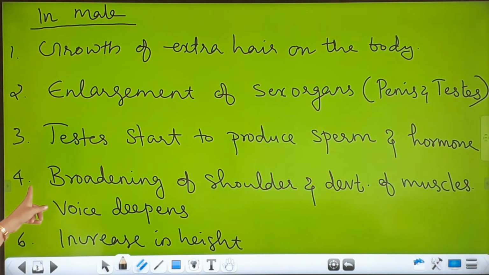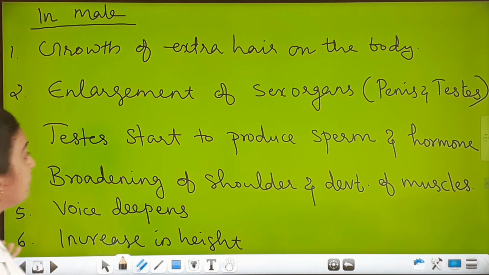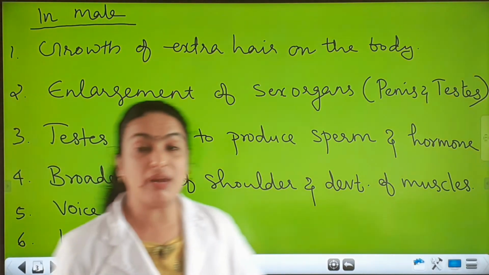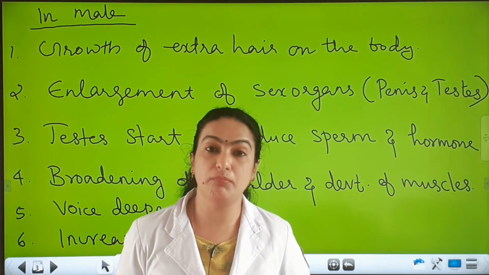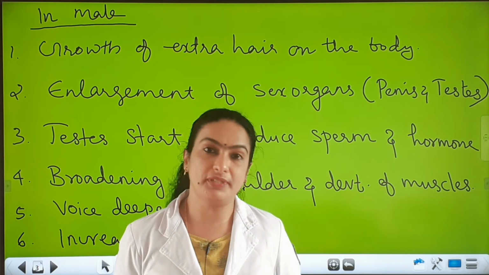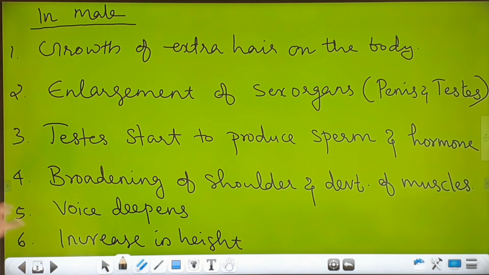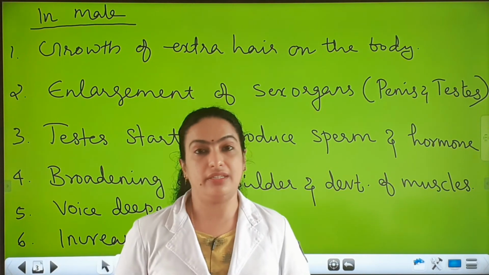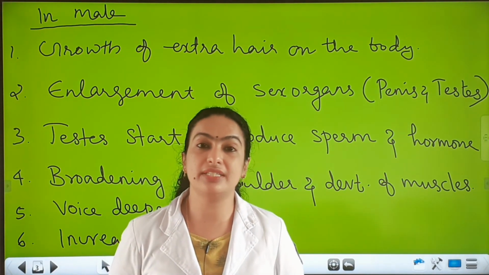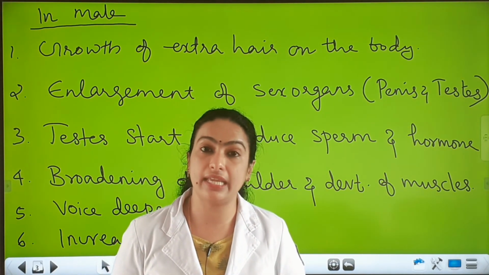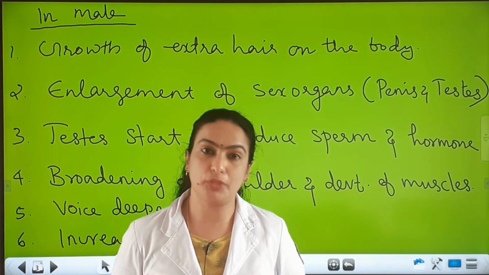And broadening of shoulder and development of muscles. Muscles start to develop in boys during this puberty stage, and shoulders also become broad. Voice becomes deep and height also increases. So these are the secondary sexual characters in boys during puberty.